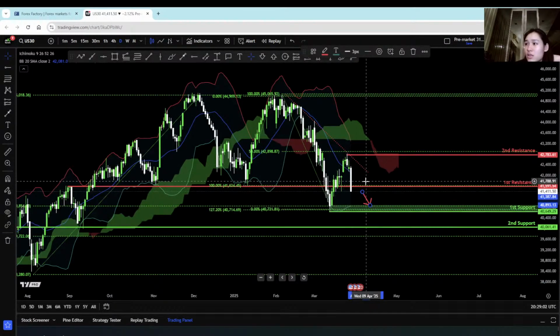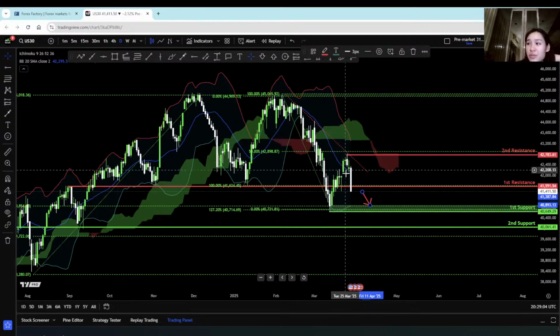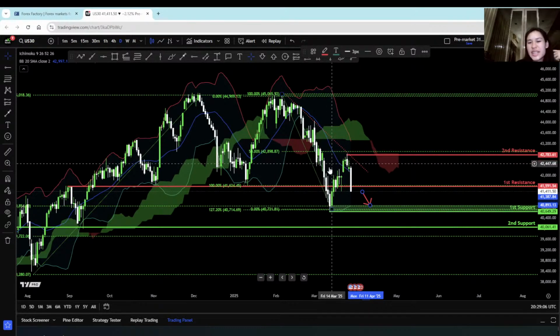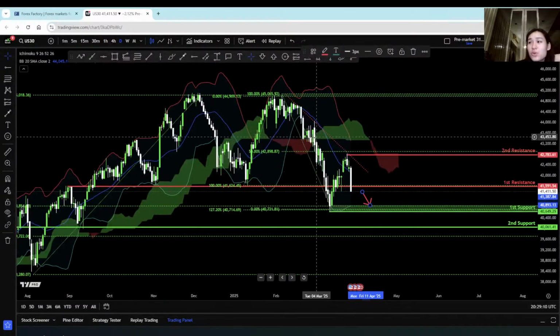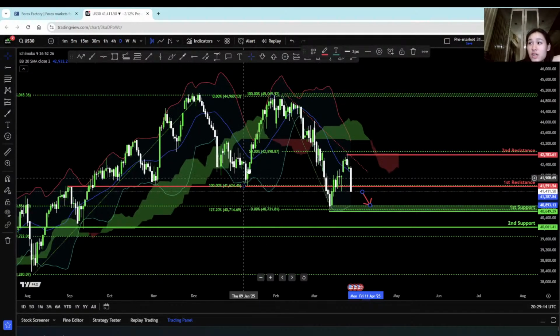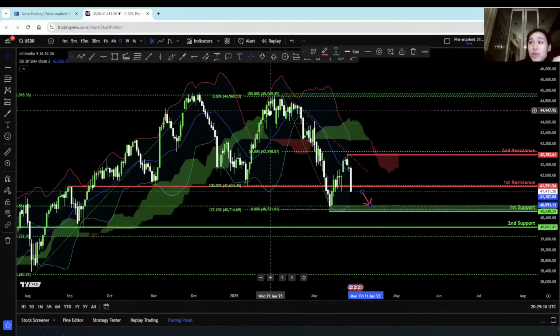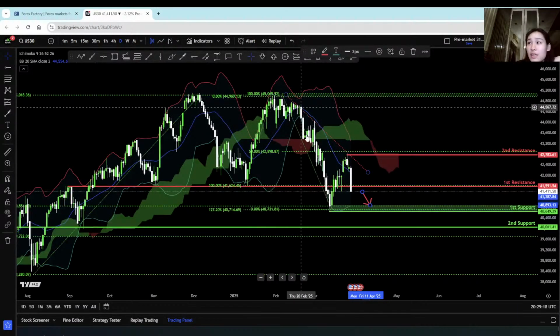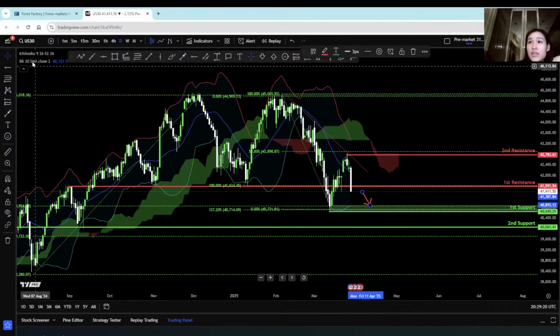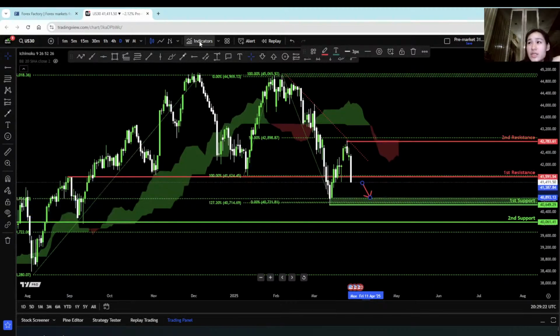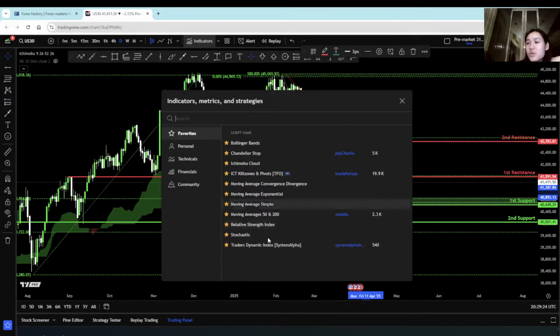Since it's moving below that middle band, it is technically giving us a bearish signal, but I prefer to only use Bollinger Bands when it's giving us a very strong signal. For example, when you see it pushing above that upper band or below that lower band, that's when I typically prefer to use it. So we can KIV that for now.